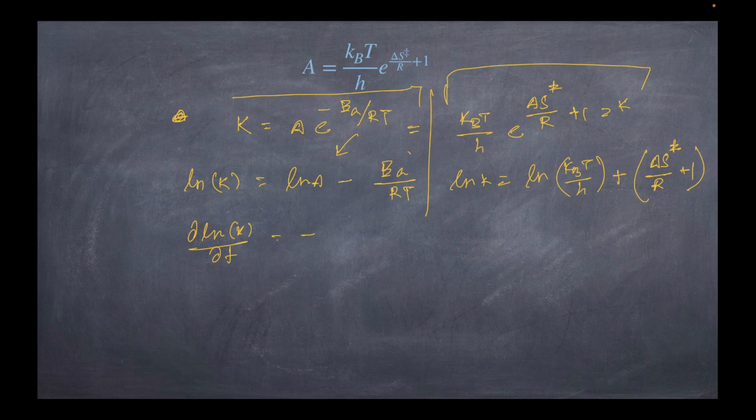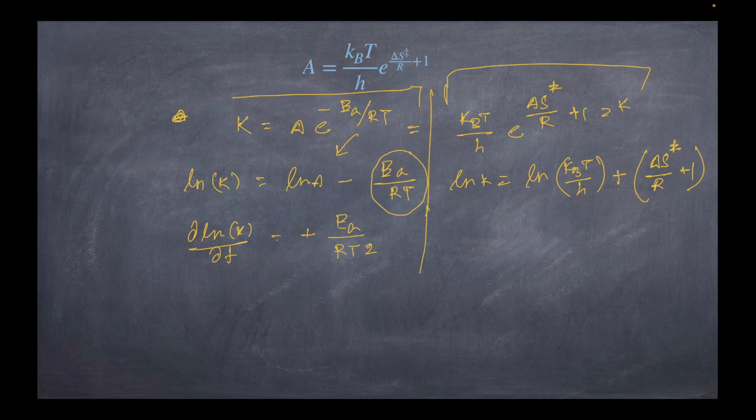Now for the other term we have to take the derivative. It is 1 upon temperature, so the derivative with respect to T will be minus 1 upon T square. Minus minus will be plus, so EA divided by RT square, where EA is the activation energy.